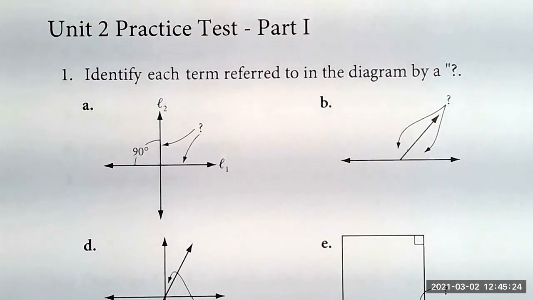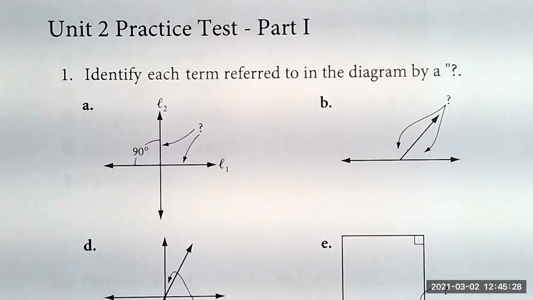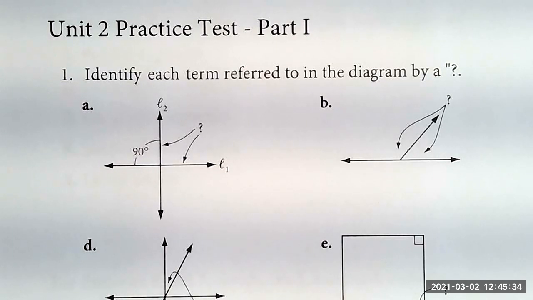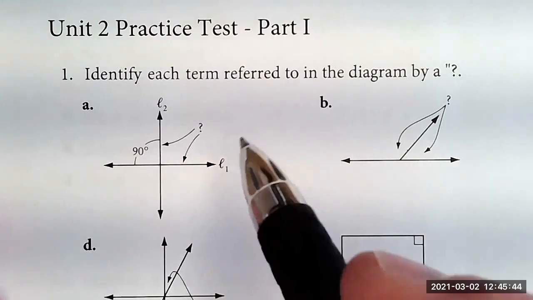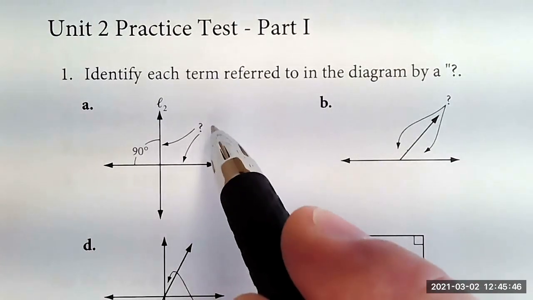So this first part, all of this has to address target 2A, being able to define things in terms of the building blocks of geometry, point, line, and plane. These are diagrams of terms that you should already know. So pay attention to the question mark.